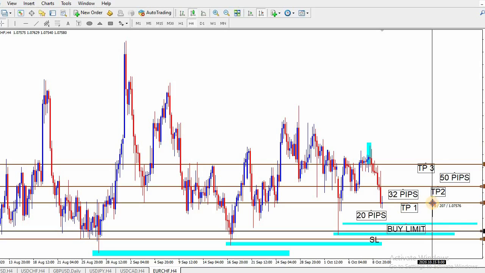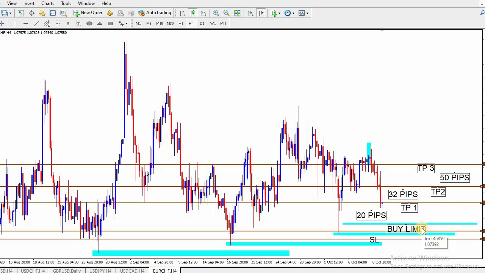At the different take profit points, you don't close the trade. What you do is you now move your stop loss from this point to your take profit 1. If it gets to your take profit 2, you move your stop loss to take profit 2. Now when it gets to take profit 3, you close the trade. Now if you move it to take profit 1 and it comes back to hit your take profit 1, no problem, that's the end of the trade. You don't have to go back into the trade again.